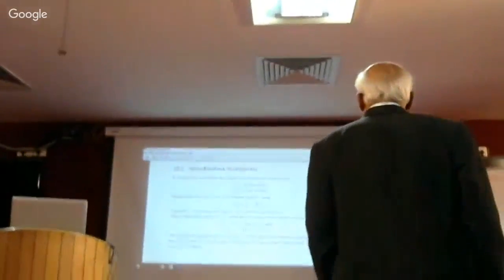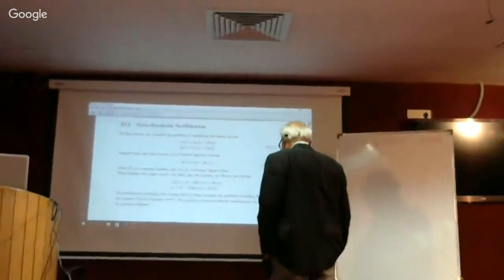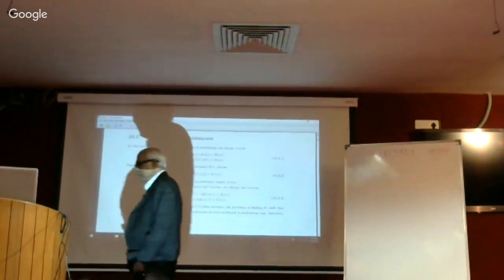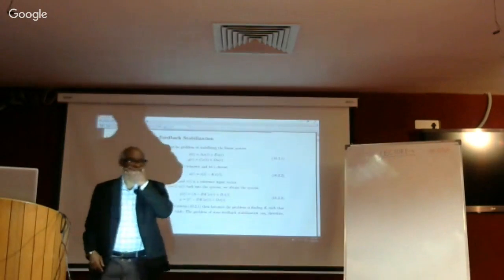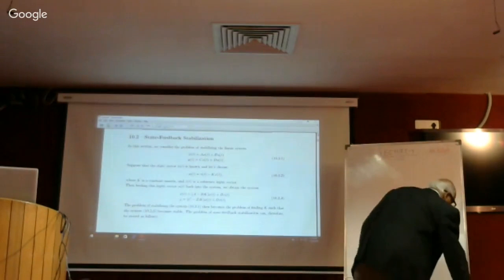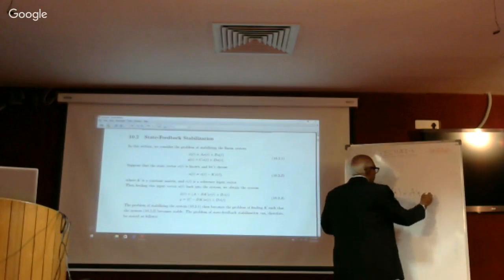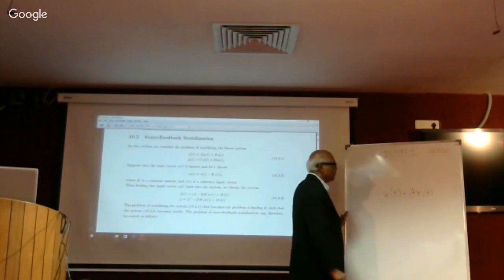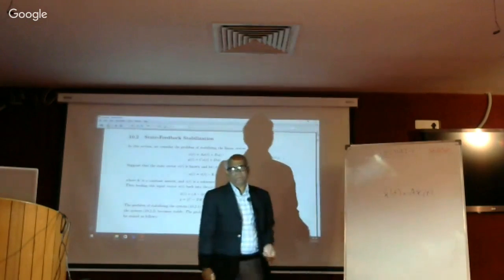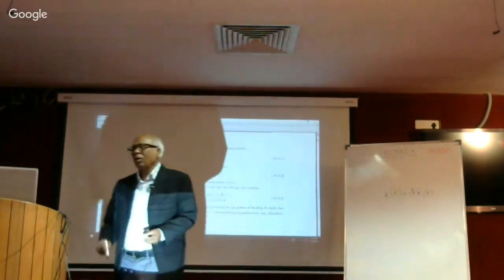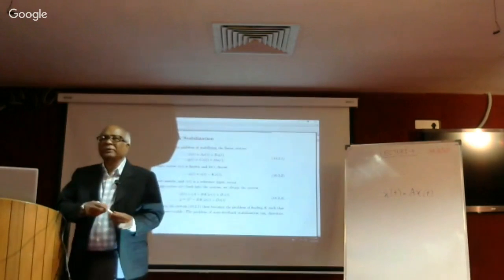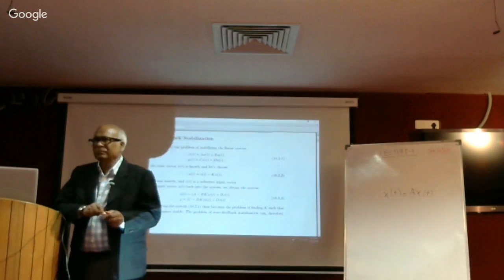Okay, so today we'll talk about feedback stabilization by using state feedback. What is that? Well, suppose we have an autonomous system x dot t equal to A x. Suppose the system is not stable, or even if the system is stable, it's not strongly stable.